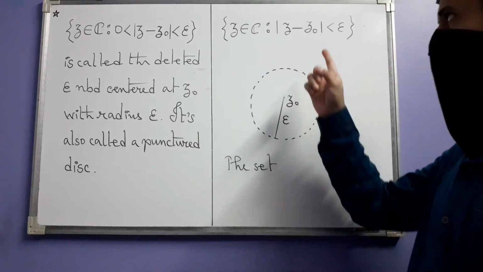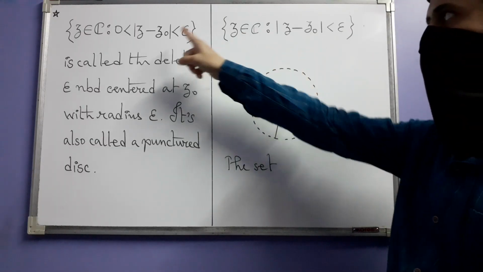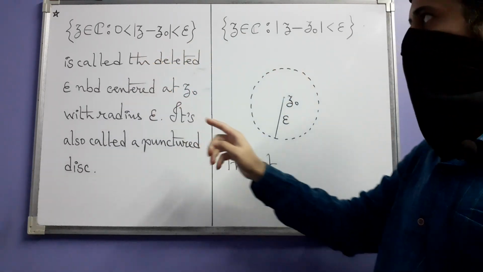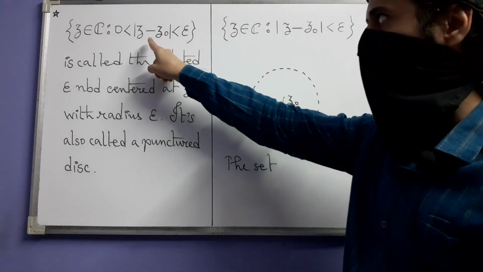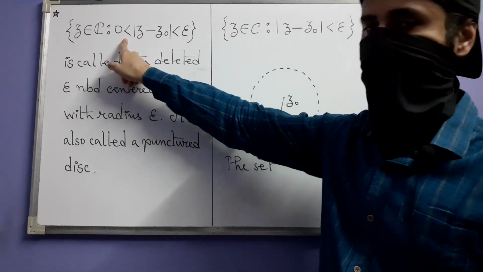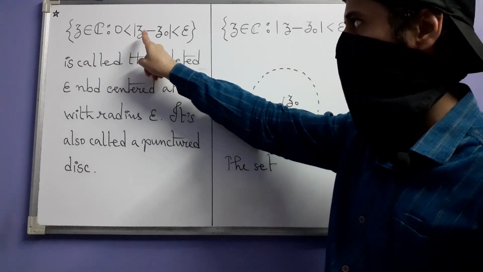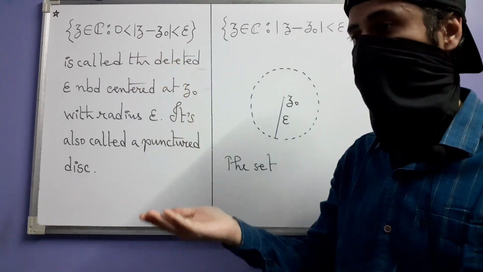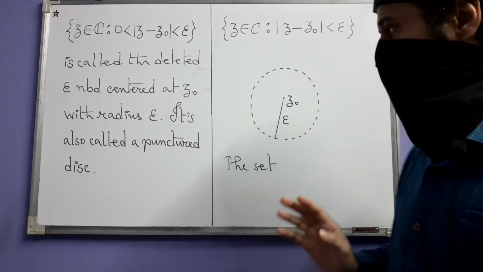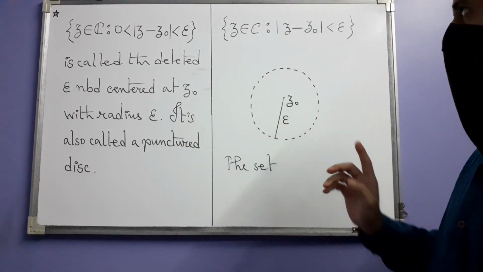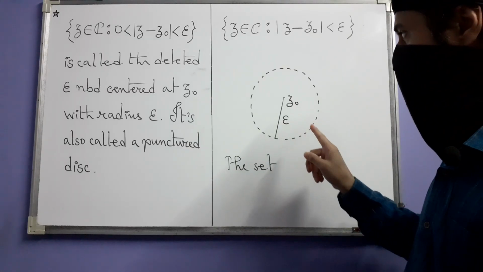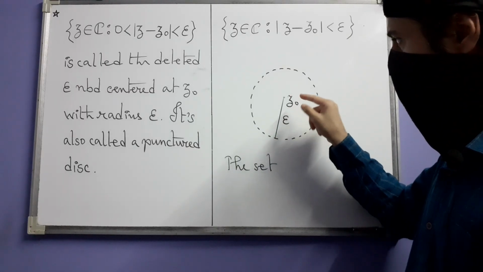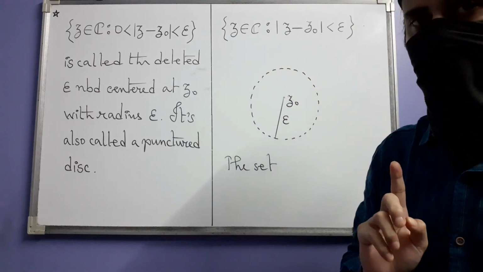Associated with an epsilon neighborhood like this, we have this other set, which is almost just like this one. The only difference is that now you have this extra condition that the distance between z and z0 has to be greater than 0. You can see one thing immediately from the definition of epsilon neighborhood centered at z0, that the point z0 itself is inside this set.